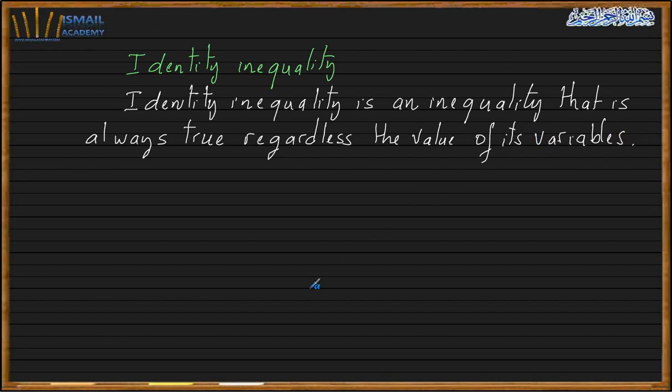Let me give you an example so at least you see the idea. For example, 3 is less than or equal to 11. This is true, even though we have no variable, but this is an identity inequality. x plus 5 is less than x plus 7.